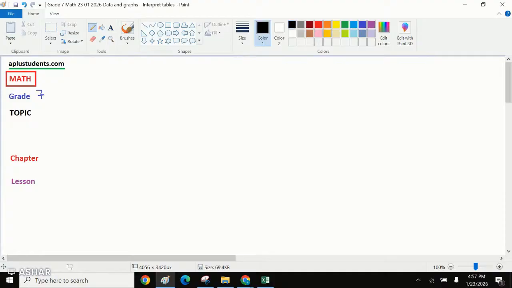The topic for today is data and graphs. The chapter number is 23.